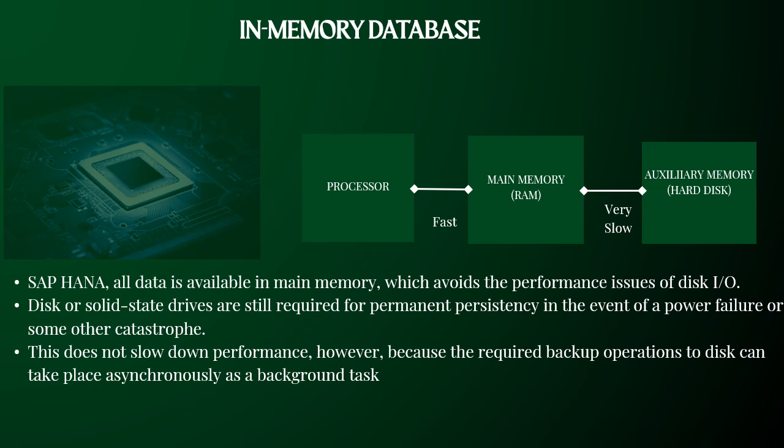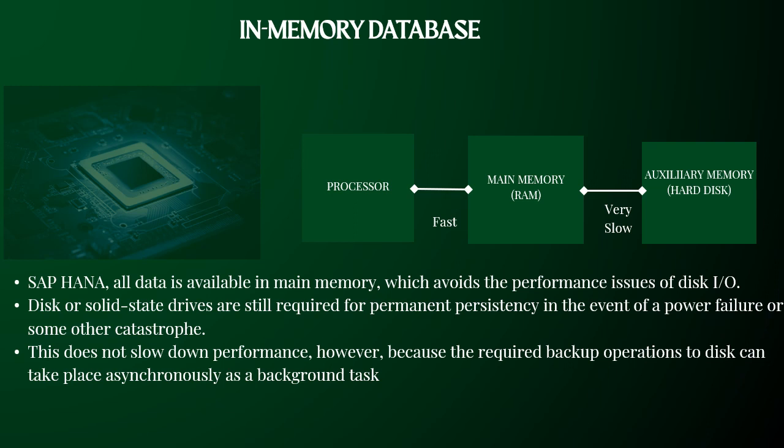Any operations between the processor and the main memory are typically very fast. Operations between the main memory and auxiliary memory are very slow. And what SAP S4 HANA does is keep the use of auxiliary memory to the minimum.